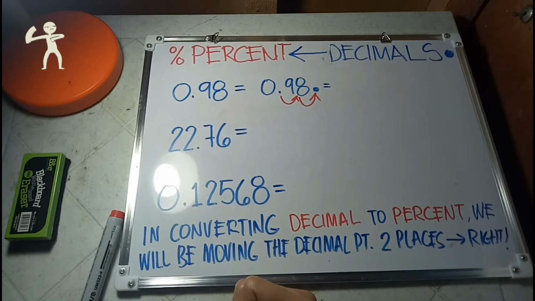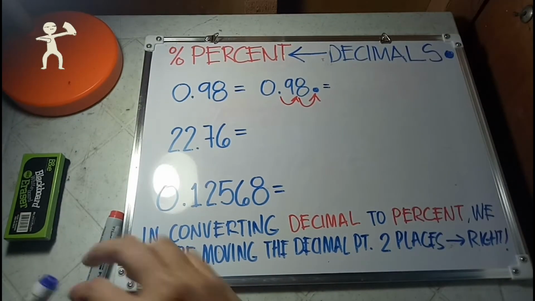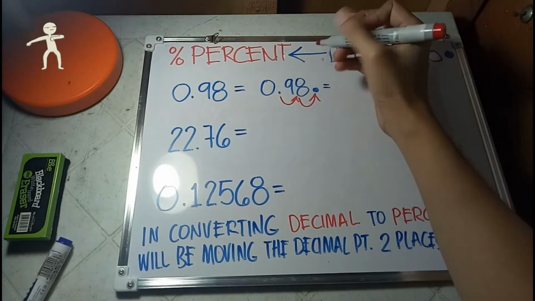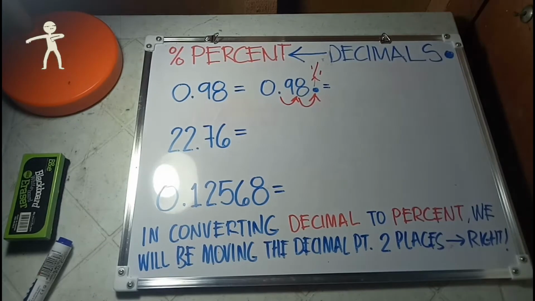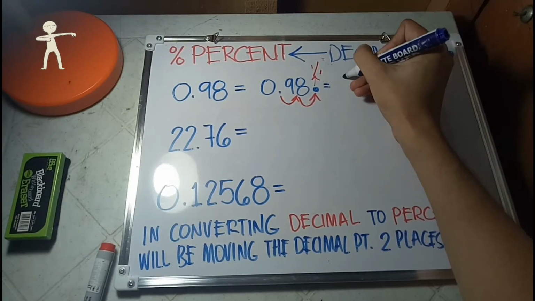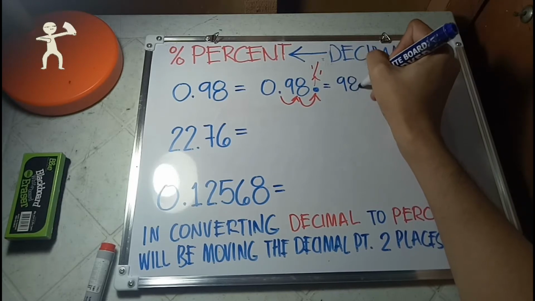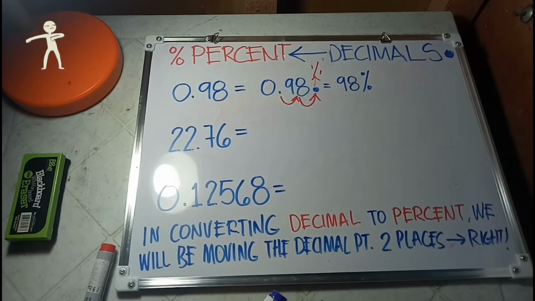Then after moving the decimal point, we will now change the decimal point to a percent sign. Gagawin nating percent. Ganun lang po siya kasimple. So this would be 98%.